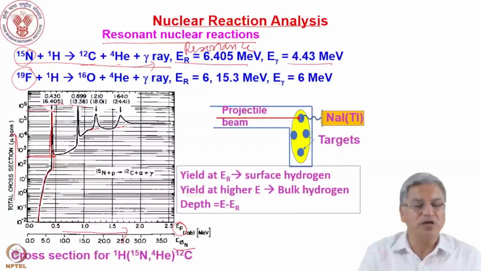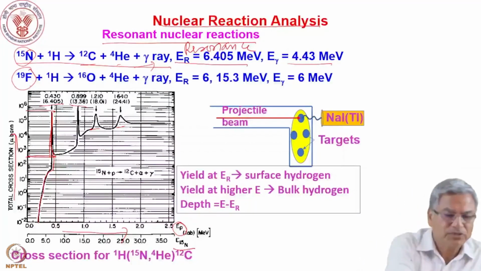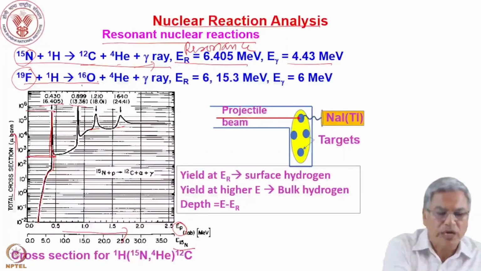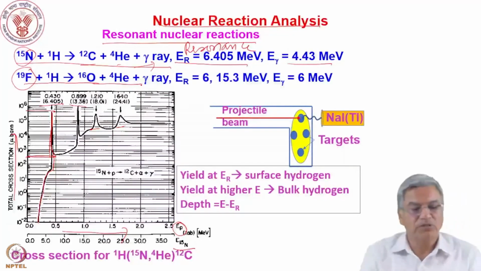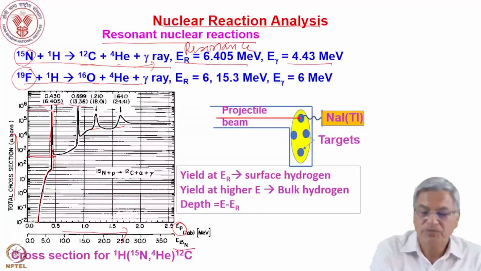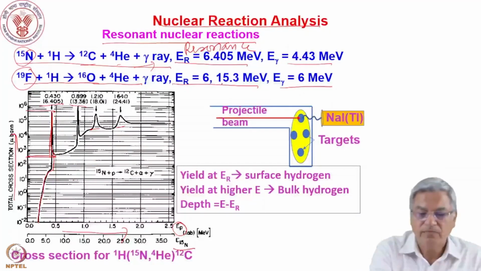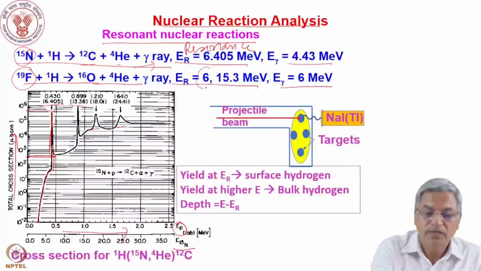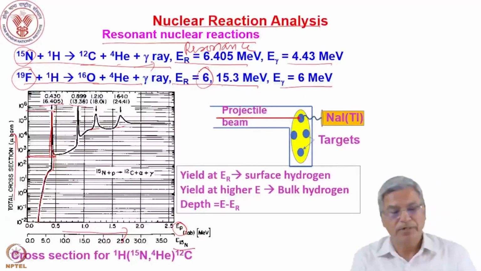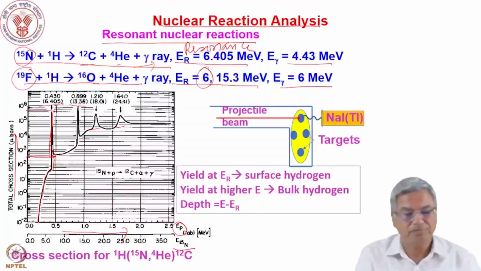Another reaction is fluorine 19 plus proton, giving oxygen 16 plus alpha, and a gamma ray of 6 MeV is emitted. This happens again at 2 energies, 6 MeV and 15.3 MeV. Again, we use the 6 MeV gamma energy of the fluorine 19.